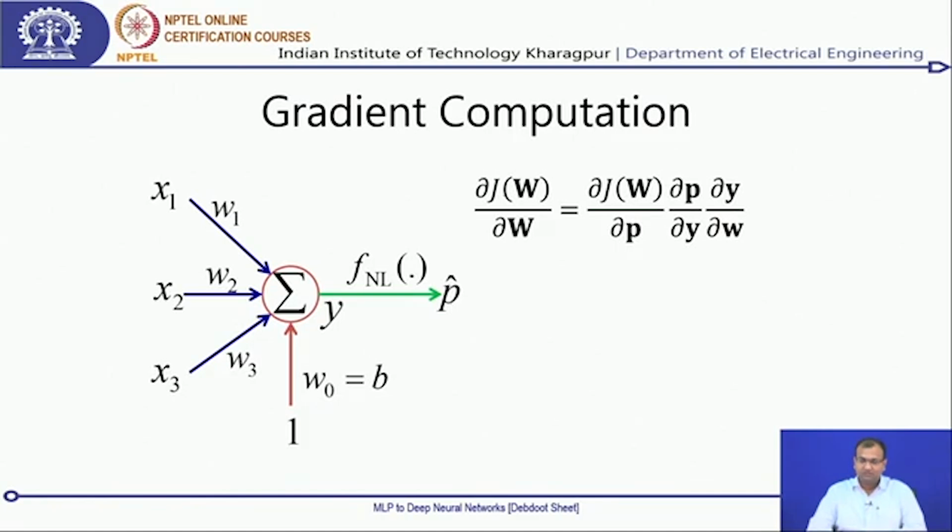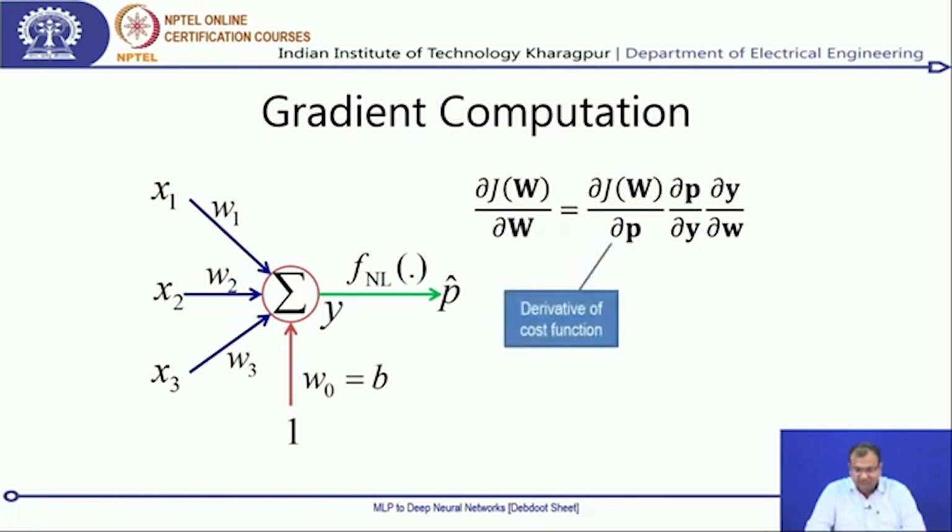Now that I have del y of J(W), I get another partial derivative, del W of y, where y is the output of the summation block in my neuron. Together this is what helps me get the total gradient computation.